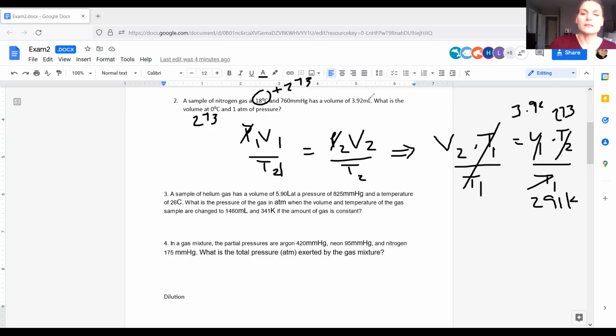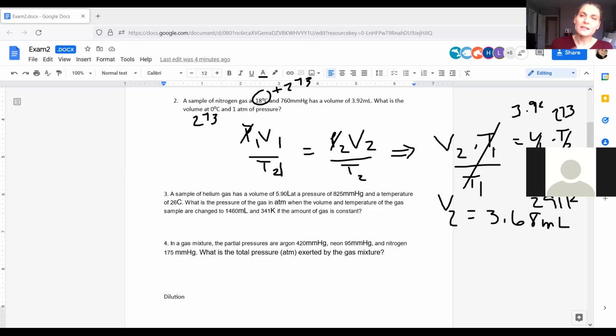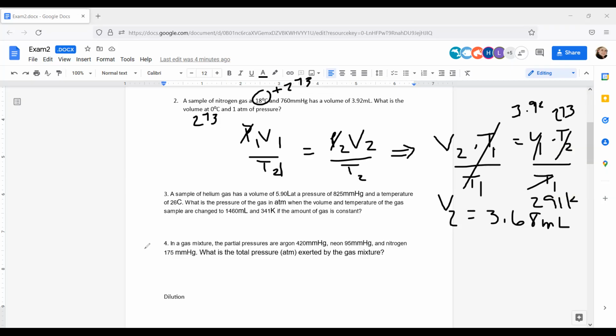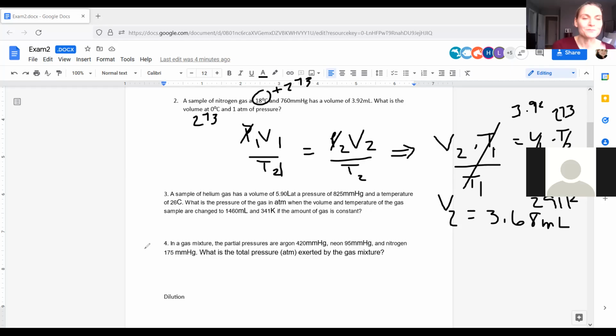Yep, 3.68 milliliters. Are these making sense, guys? Thumbs up if they make sense. If you guys have questions though, you guys are quite quiet, so I'm not always sure. Shane's got a thumbs up. Are there any questions on these problems?